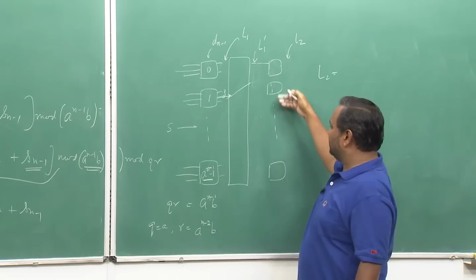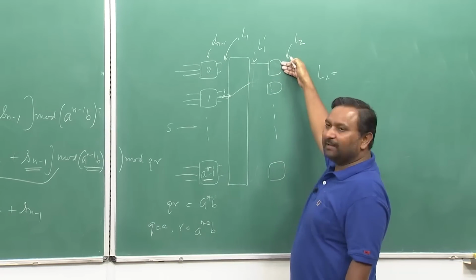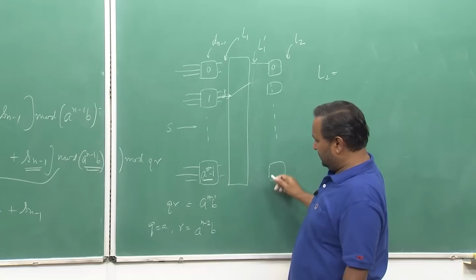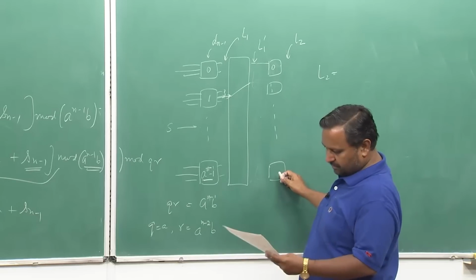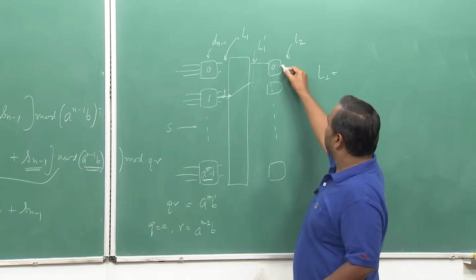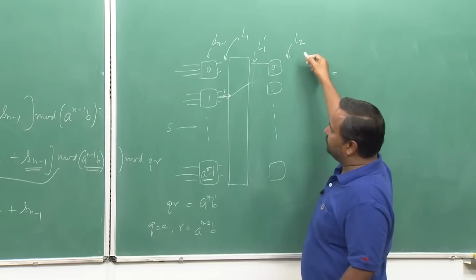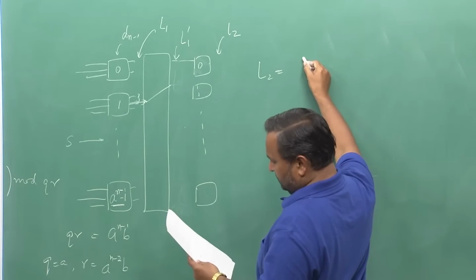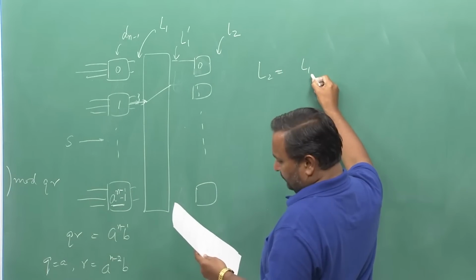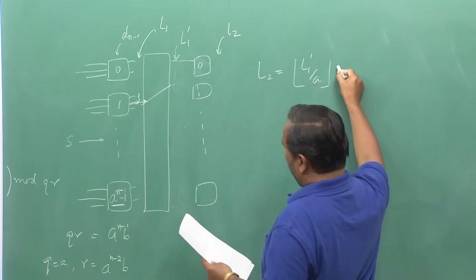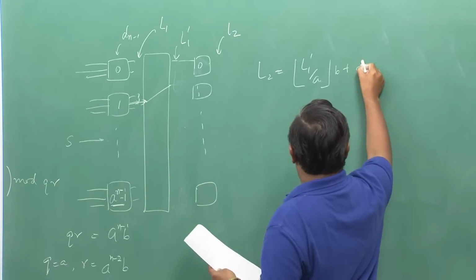I have to find out which switch, multiply it by b, and then of course plus dn minus 2. So, L2 will now be given by L1 prime by A, the floor function into b plus dn minus 2.